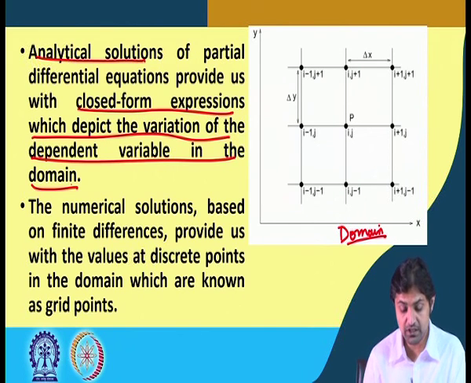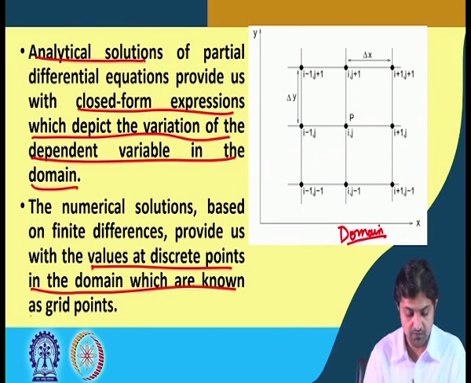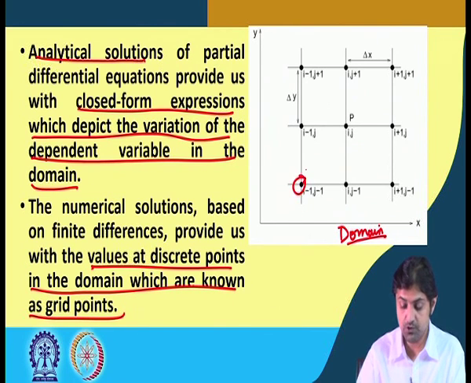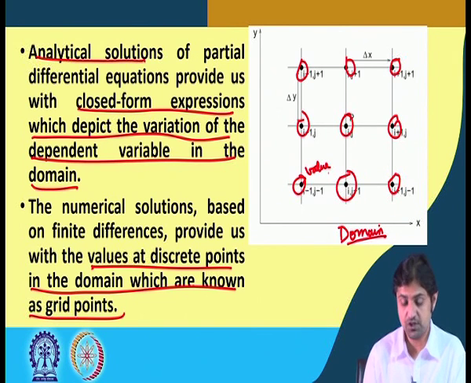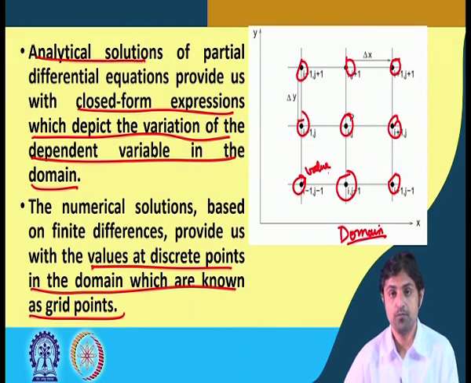This is the domain here. The numerical solution based on finite differences provides us with the values at discrete points in the domain, known at grid points. So, it will provide us the value here, here, here, here, whereas the mathematical solution will give us a closed form expression which is valid everywhere, not only at some points.